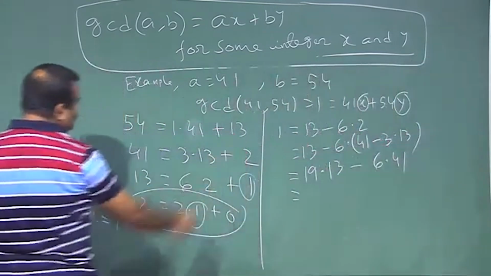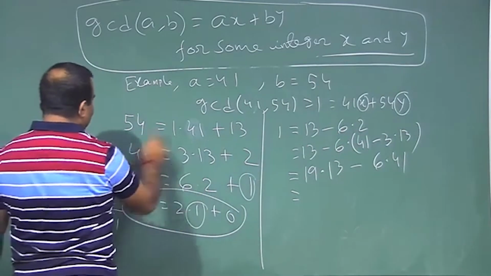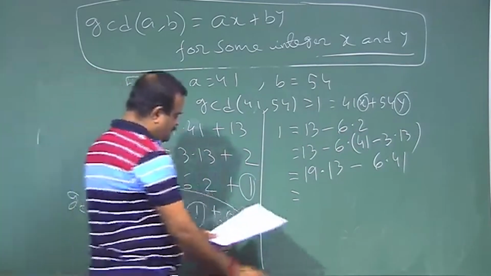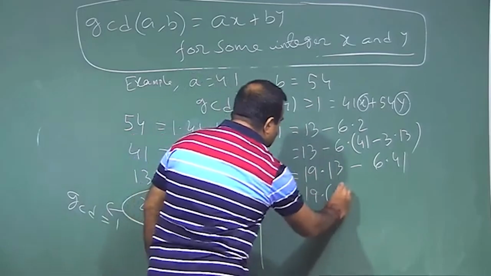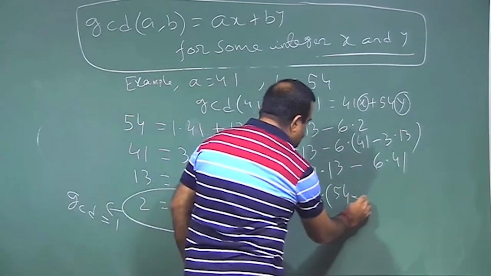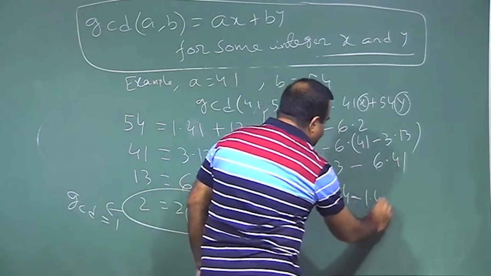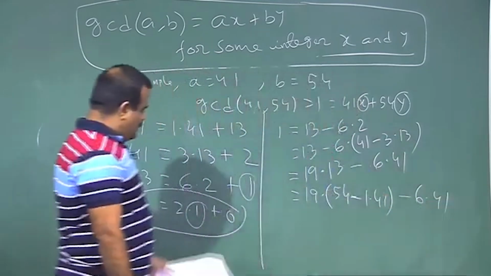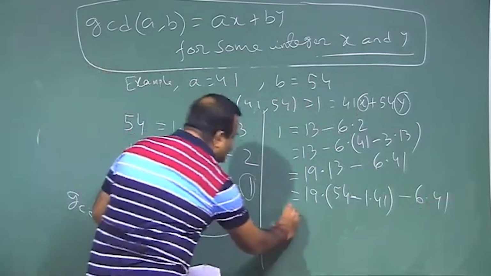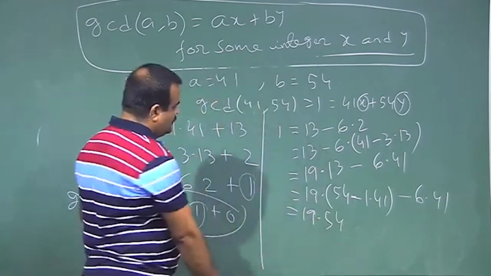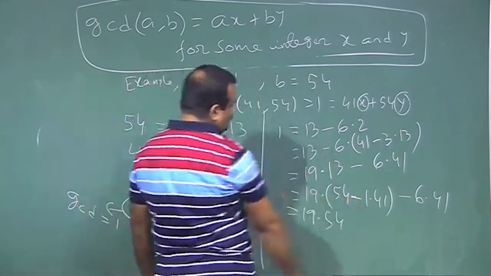Now, from this equation we can write 13 as 54 minus 1 into 41. So, that we will write: 19 into 54 minus 1 into 41 minus 6 into 41. Okay, so this is basically 19 into 54, and this is minus 19 and minus 6.